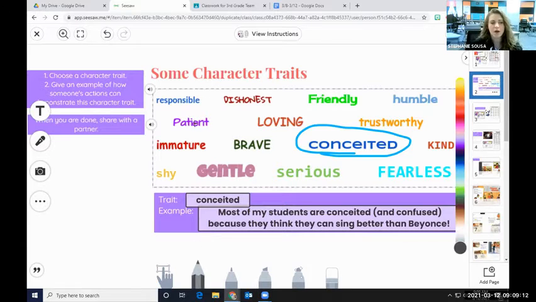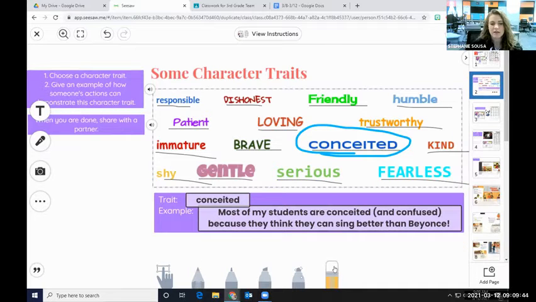Some of the words are responsible, dishonest, friendly, humble, patient, loving, trustworthy, immature, brave, conceited, kind, shy, gentle, serious, fearless.